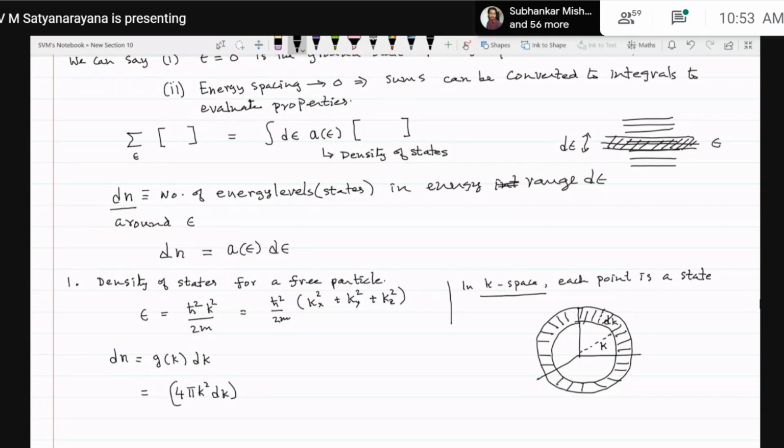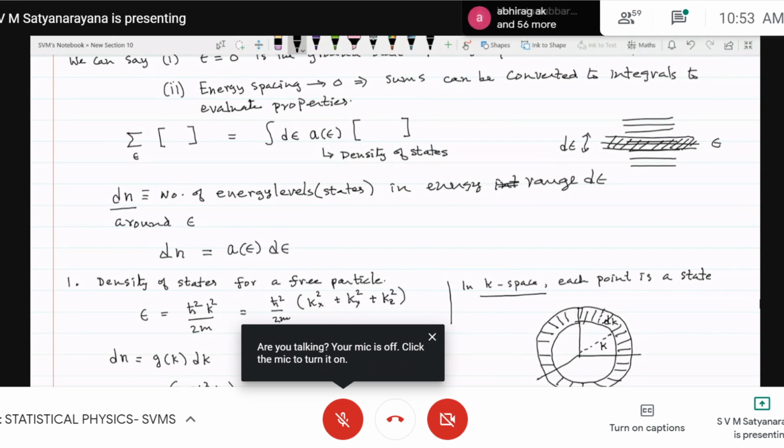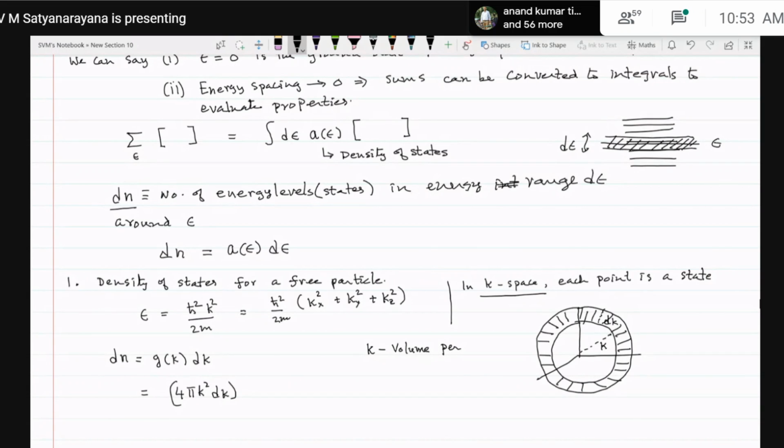So you know that if you have a point in k space, the k volume per state is given by 2 pi by L, the whole cube, where L is the lattice constant.